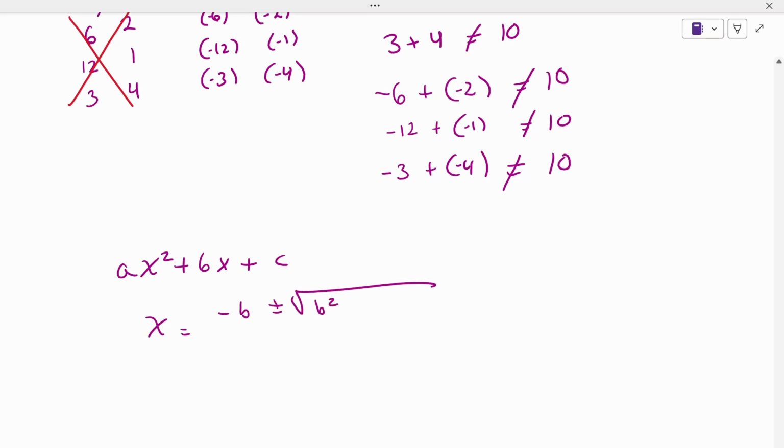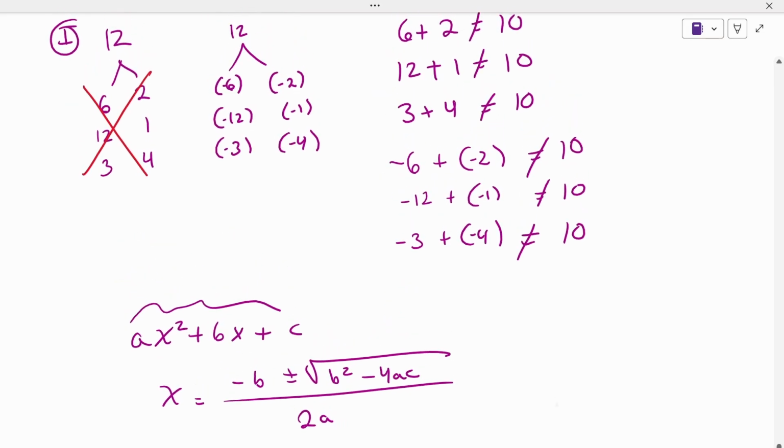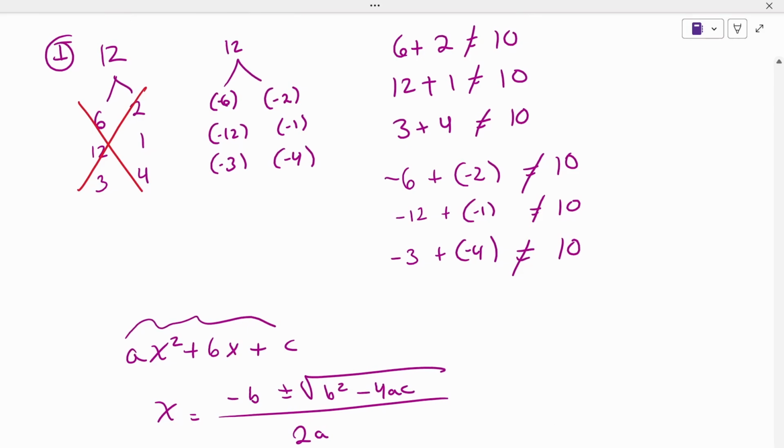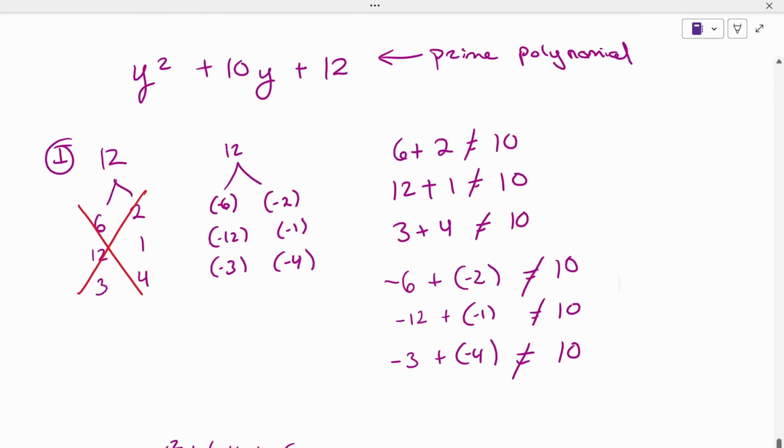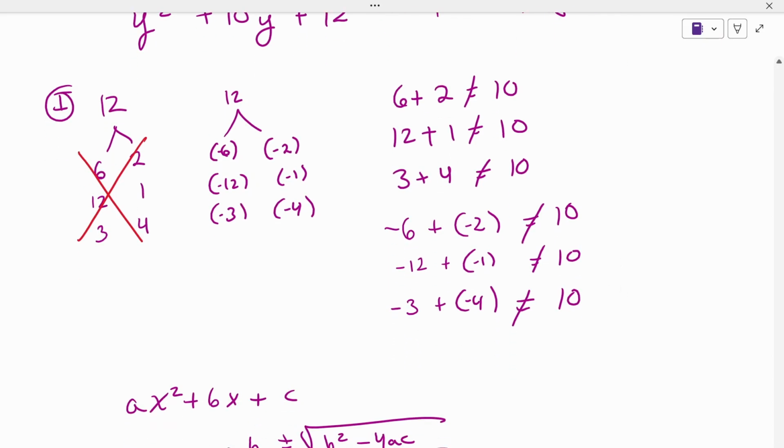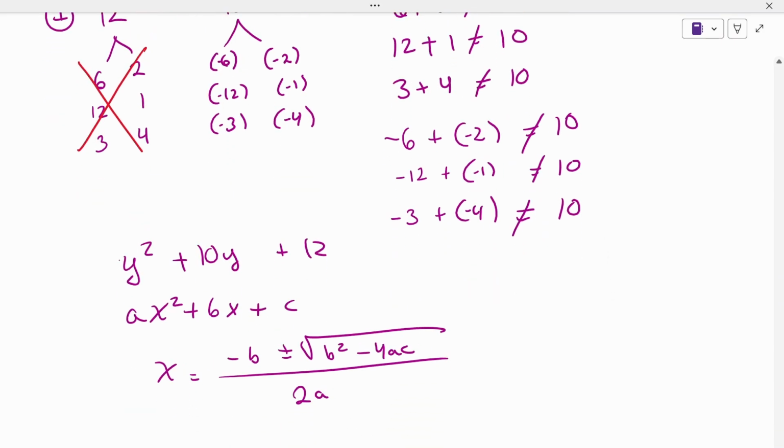The quadratic equation looks something like this for any arbitrary polynomial expression, ax squared plus bx plus c. If you have a trinomial expression of degree 2 that has the following setup, in this instance, y squared plus 10y plus 12, pretty much the only thing we can do once you find that you've got a prime polynomial is try to use the quadratic equation in order to find its roots.